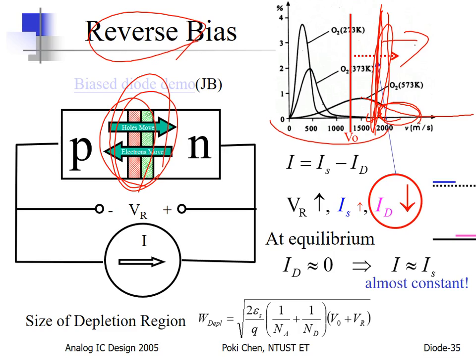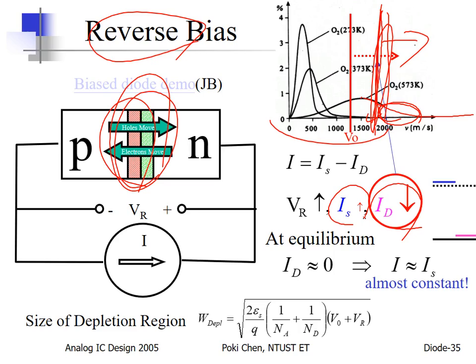It is exponentially decayed. So you get very much decay in ID, but only a little bit of increase in IS. IS increased a little bit according to the wider depletion region, but ID is reduced very much, almost to 0.